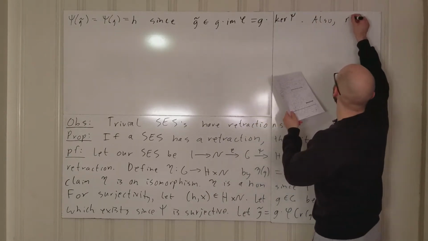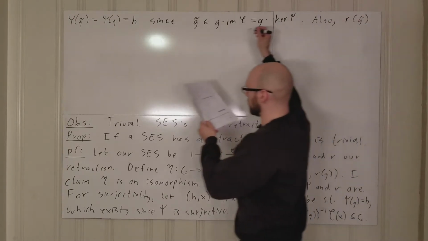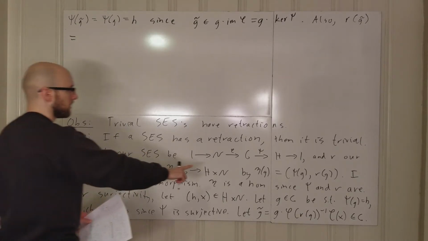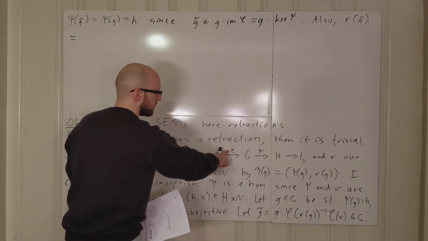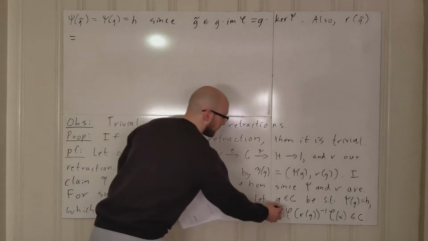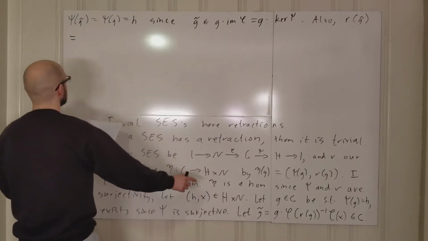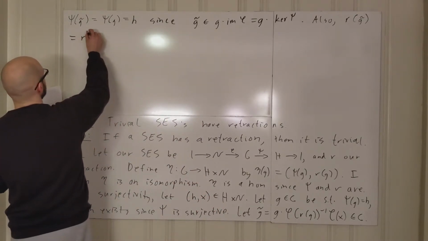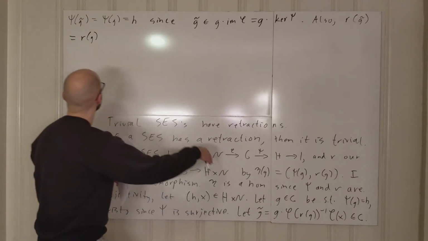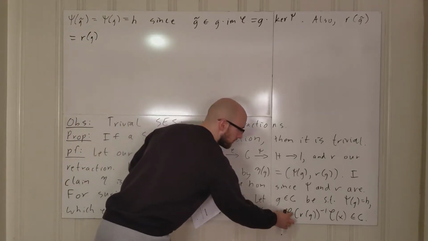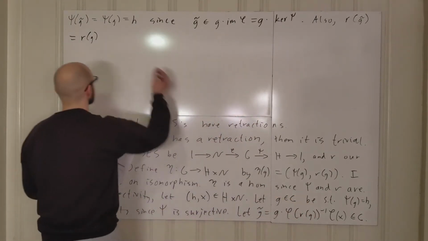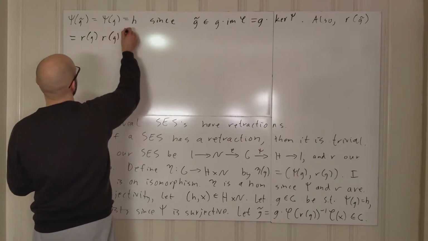Also, what is r of g tilde? Well, we know that r of phi is the identity. And so r of phi is going to cancel here, and we're going to get r of g, and then the r and the phi on the outside are going to cancel, leaving the r on the inside, and bringing this inverse in there, we're going to have r g inverse.